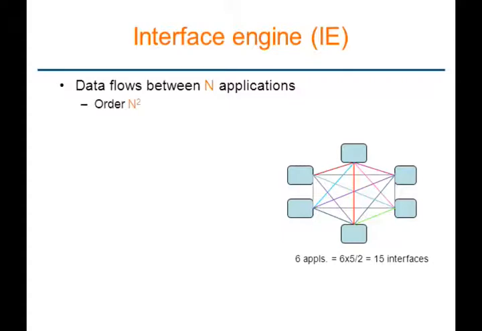The problem is that the number of flows happens to be of order n square. If you look at 6 applications and each one of them communicating with the others, in total you'll find that 6 times 5 divided by 2, 15 interfaces would have to be defined and managed.